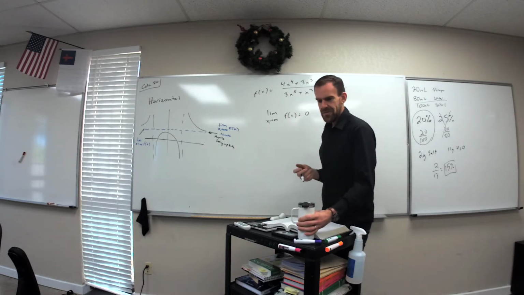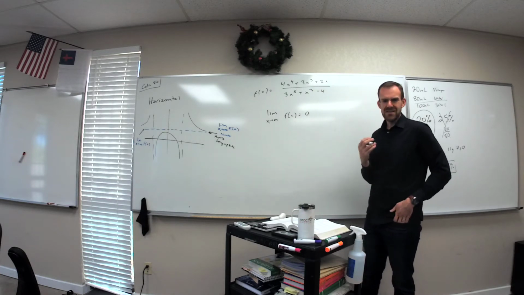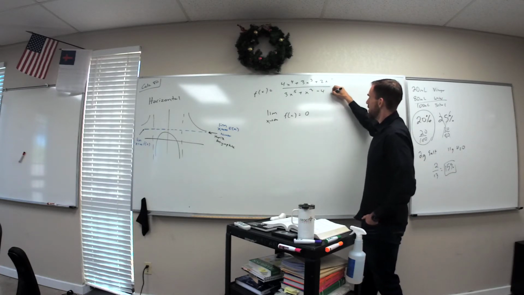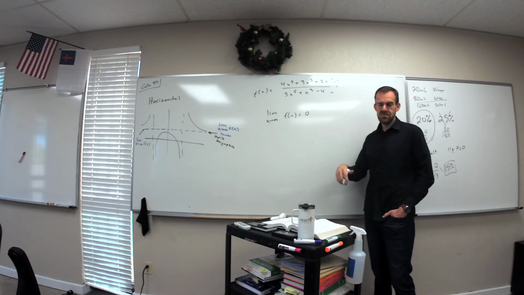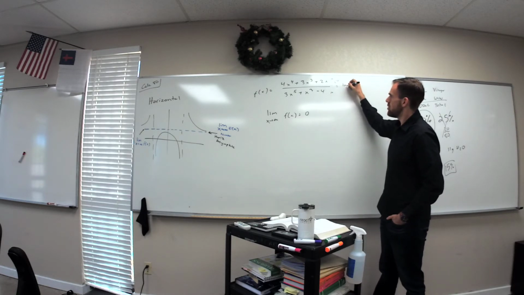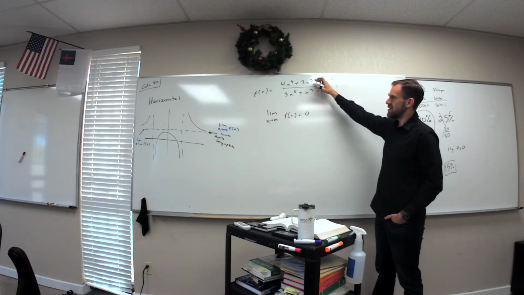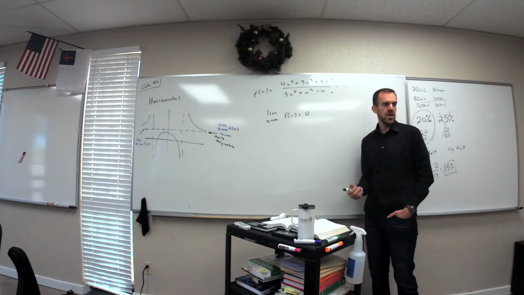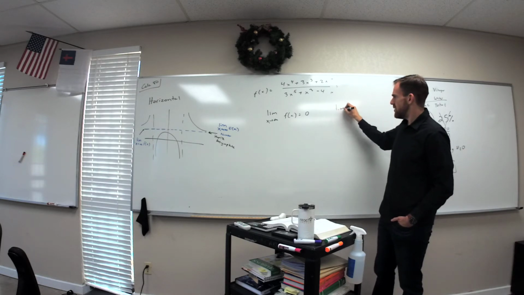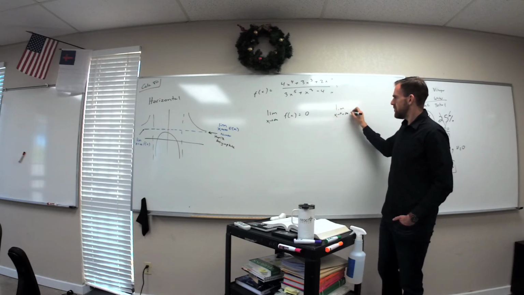Now, if you don't believe me, you could say, well, Belinda, last lesson we learned that if you get infinity over infinity, then you use L'Hopital's rule and take the derivative. You could totally do that. Take the derivative of the top and the bottom, and eventually you'll get that it goes to 0. Now, let's try the limit at negative infinity.